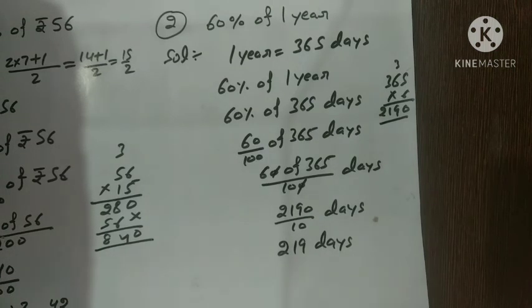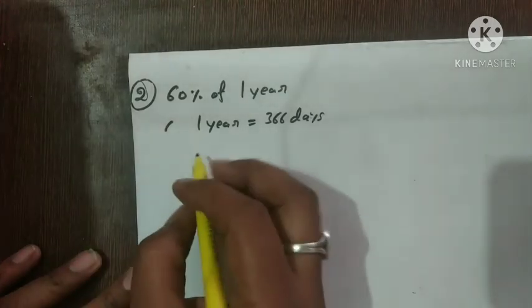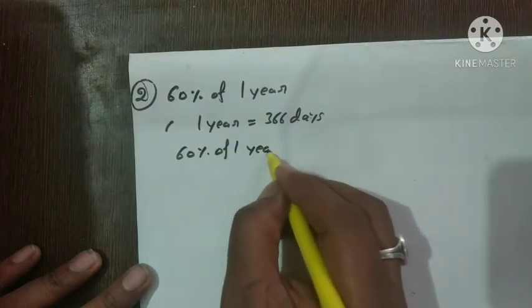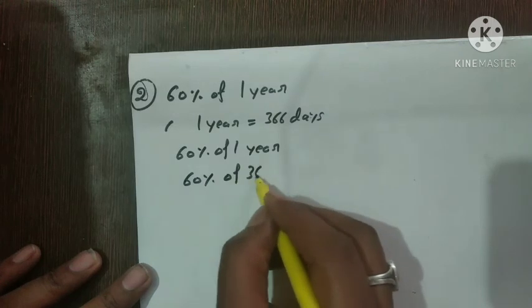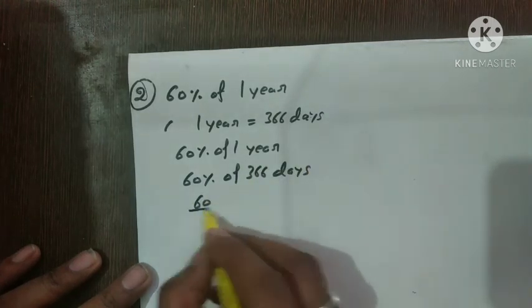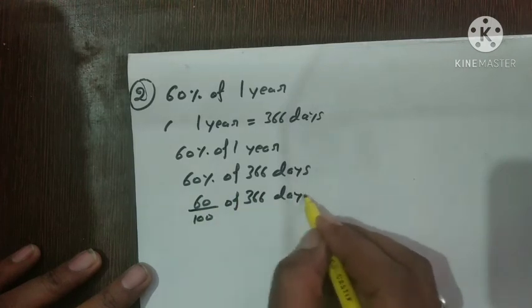Now I will consider this as a leap year. Here I will consider this 1 year to be equal to 366 days. So 60% of 1 year means 60% of 366 days.